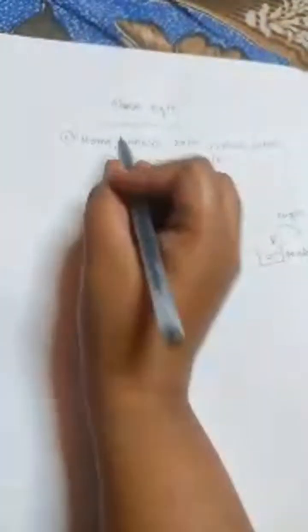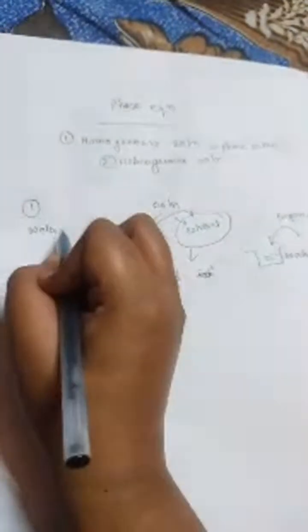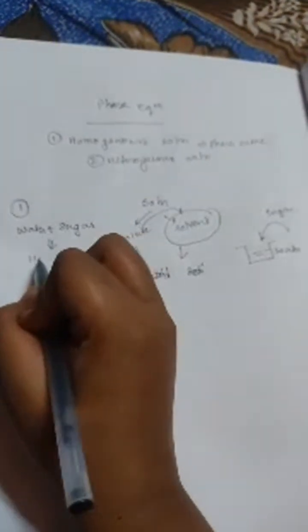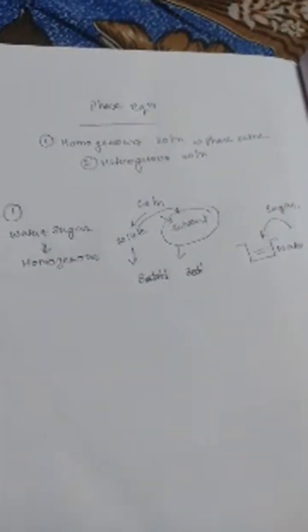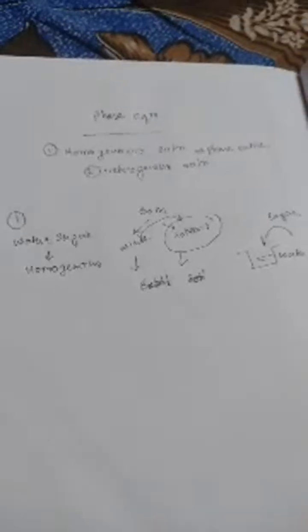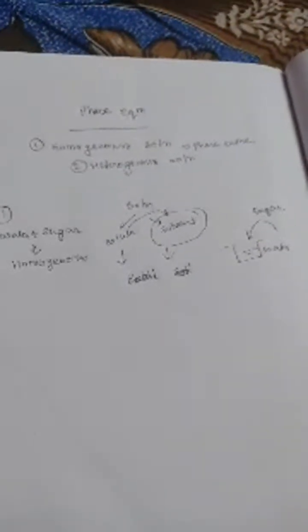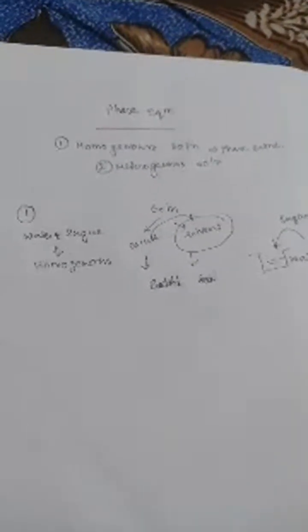Okay, always remember this for a homogeneous solution. For example, water plus sugar makes a homogeneous solution, because when you stir it in water, you cannot separate the sugar afterwards. The sugar and water become completely miscible, and two separate phases are not formed. The sugar completely dissolves in the water and makes one single phase, so that is called homogeneous.